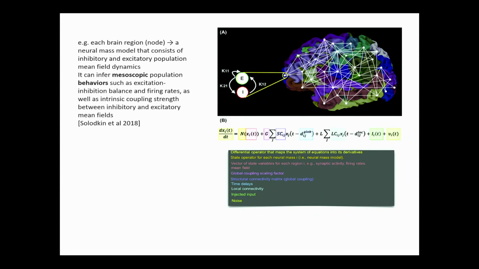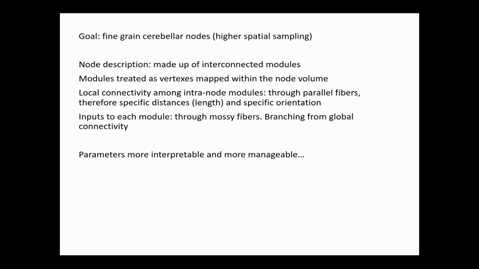So Spazi already explained the approach. The idea is to lower the scale, so from a mesoscopic description of population behavior, we want to introduce some features we think are crucial for the function of cerebellar nodes. So we want to have a description of the node in a higher spatial sampling and create a local connectivity with specific geometrical features.